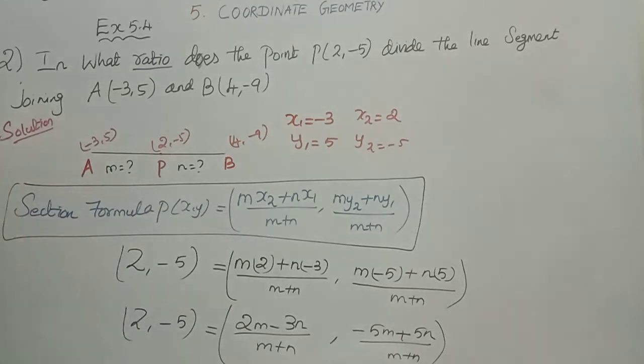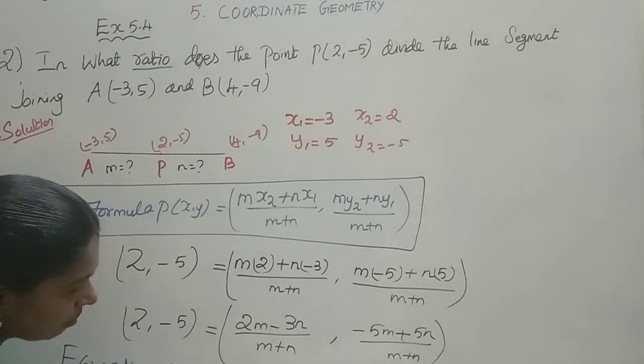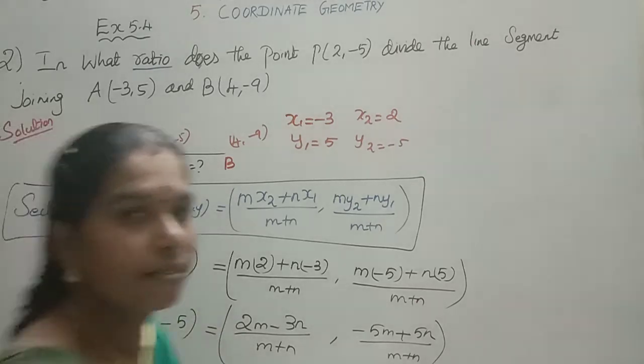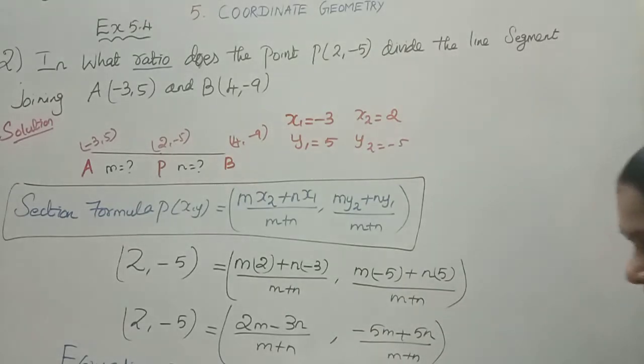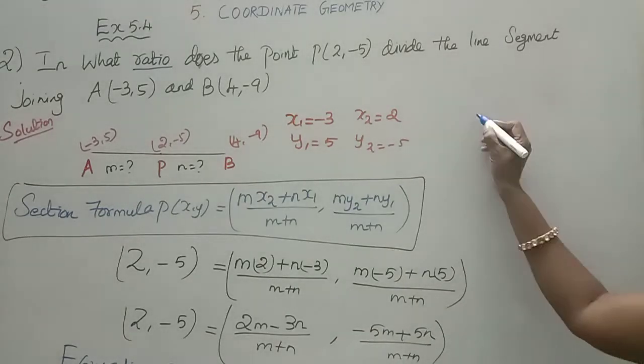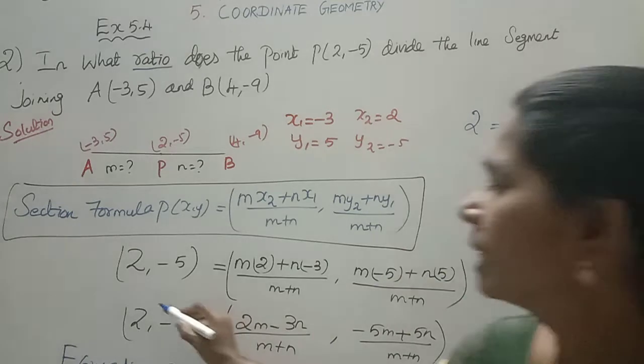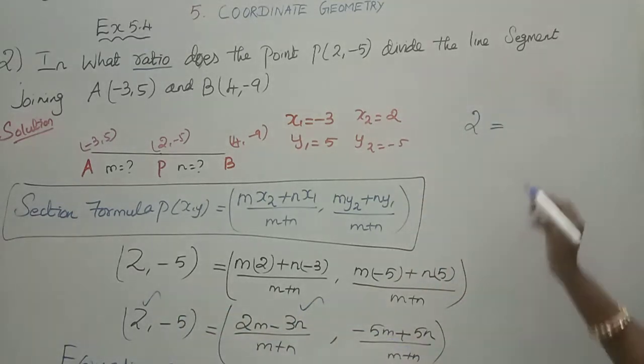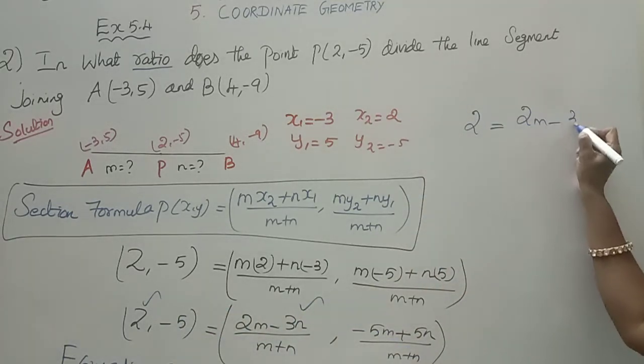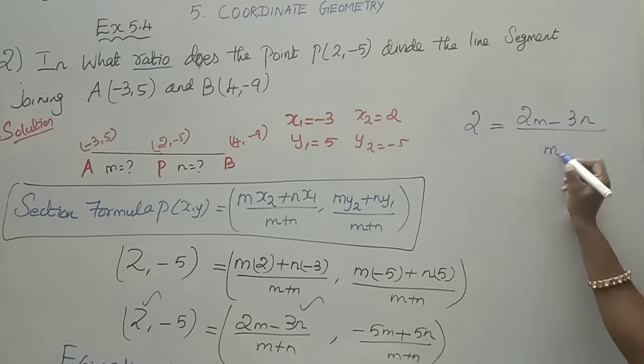Now we don't know the m and n values. Now I am going to equate the x coordinate and the y coordinate. Equating the x coordinate, I am getting 2 is equal to, because here the x coordinate is 2 and here the x coordinate is 4m minus 3n by m plus n.